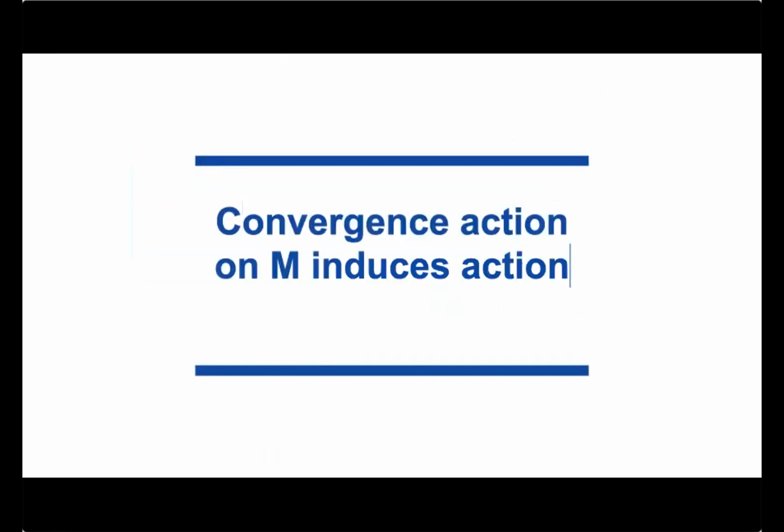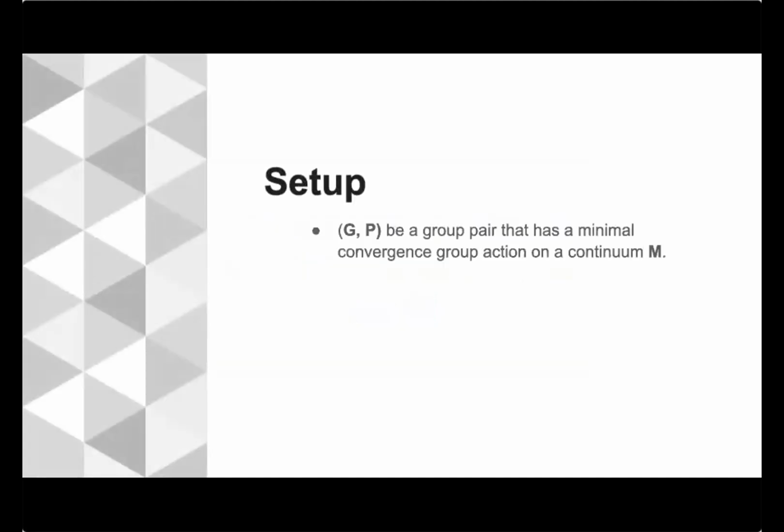And as I said earlier, the convergence action induces a certain type of action on this pre-tree K. So the setup is like this: suppose you have a group pair that has a minimal convergence group action on a continuum M, and capital C is a G-invariant collection of cut points in M. What we did is we took the translates of a particular type of cut point, and we formed the cut point pre-tree K out of that collection of cut points.